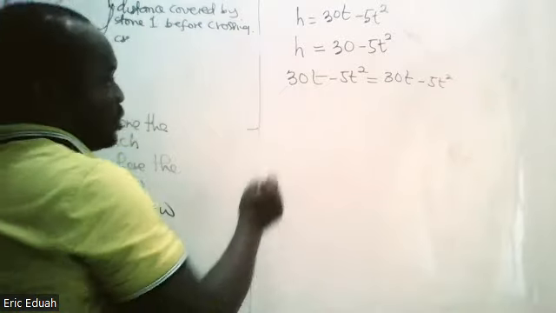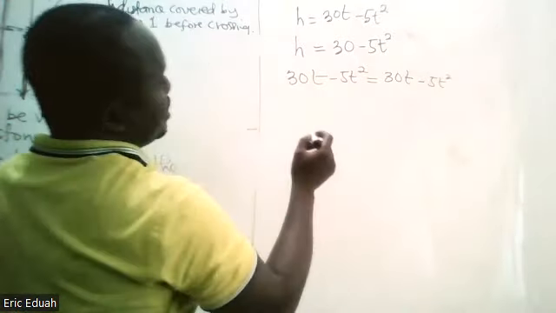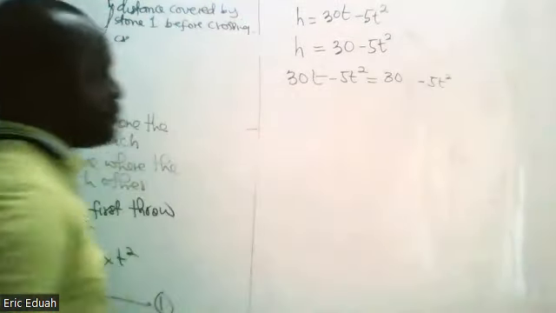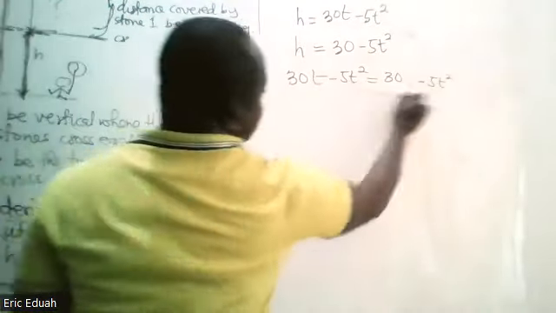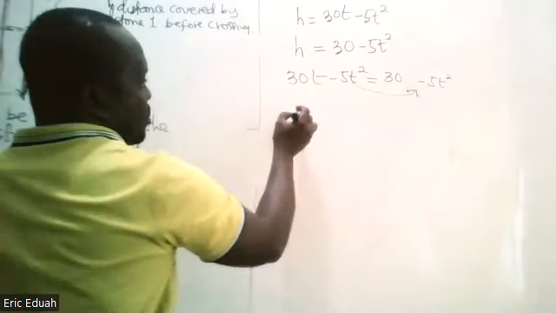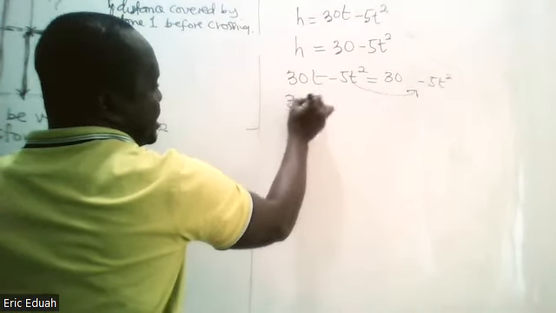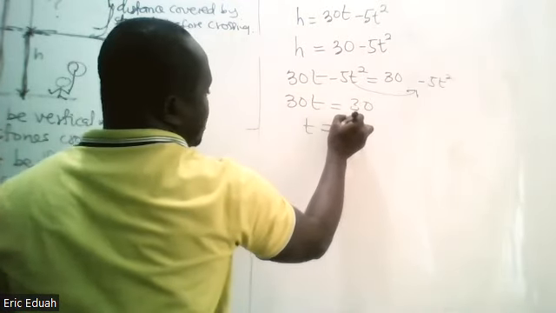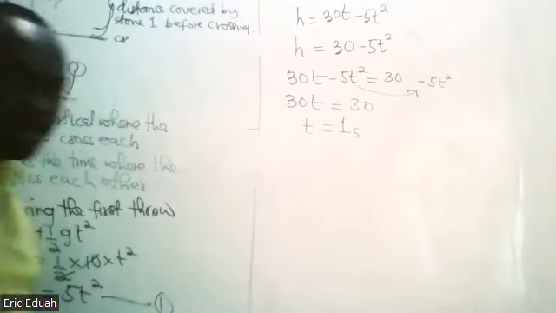Okay, when we group, sorry, I think this is 30. When we send this to the other side, this will reduce to 0, so that we have 30T equal to 30. T therefore is equal to 1 second.